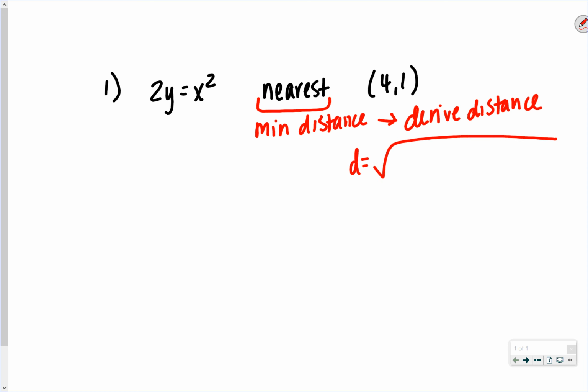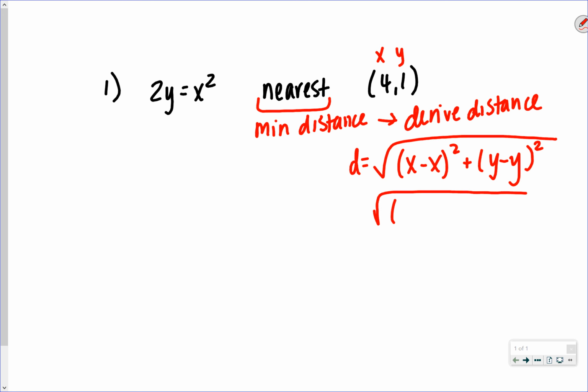It is the square root of (x2 minus x1) squared plus (y2 minus y1) squared. I have a point (4, 1), so I plug it in: x minus 4 squared plus y minus 1 squared, and this is essentially what I want to derive.